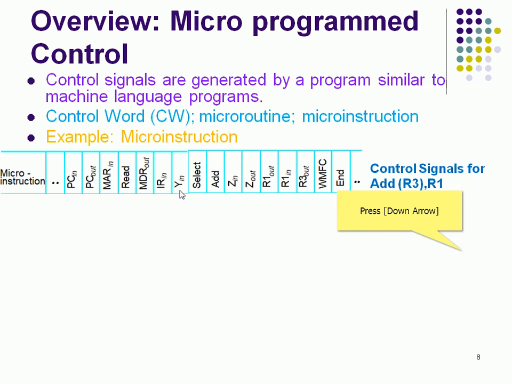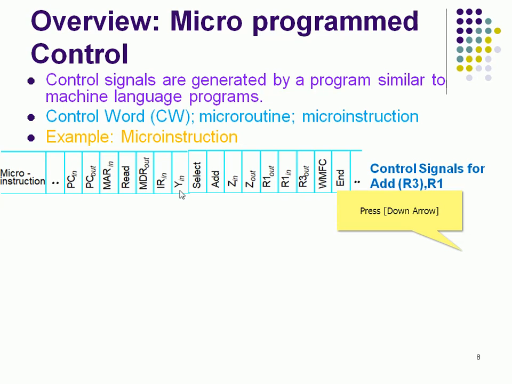Select 4 or Y, add, Z in, Z out. A set of registers is there: R1 out, R1 in, R3 out, and so on, wait for memory function completion and so on. Several control signals we can enlist here. Those are micro instructions, right?